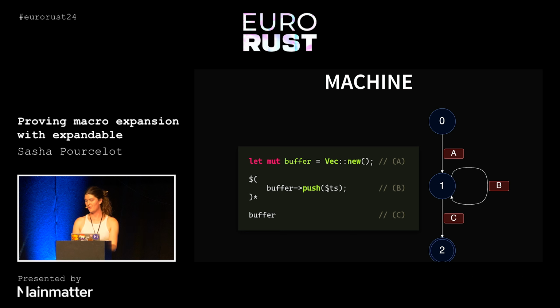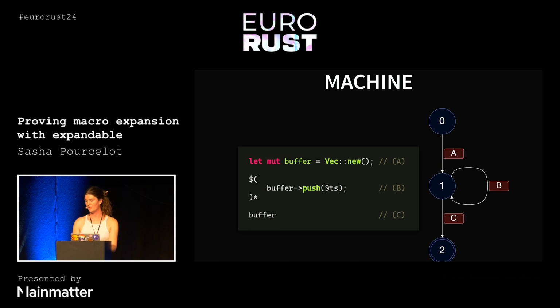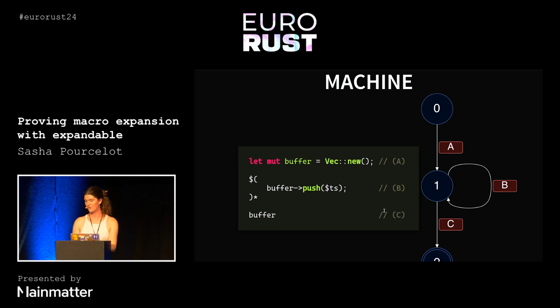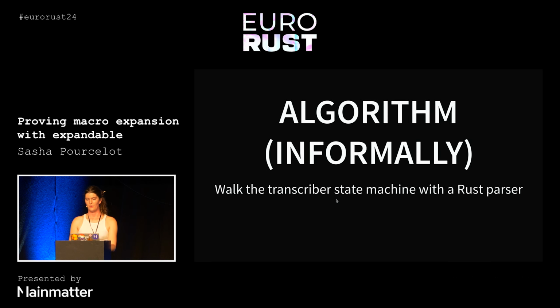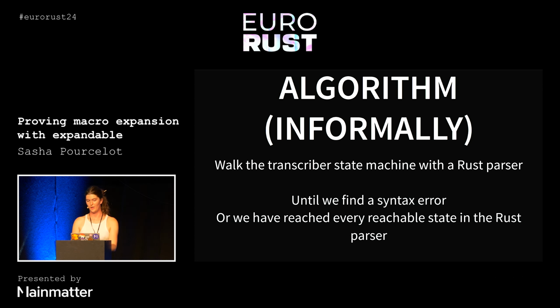Then we are repeatedly 0 or more times pushing elements to it, which is labeled B. And then at the end of the transcriber, we are returning the buffer, which is labeled C. Now, the idea will be to walk the transcriber state machine using a Rust parser, either until we find a syntax error or we have reached every reachable state in the Rust parser itself.